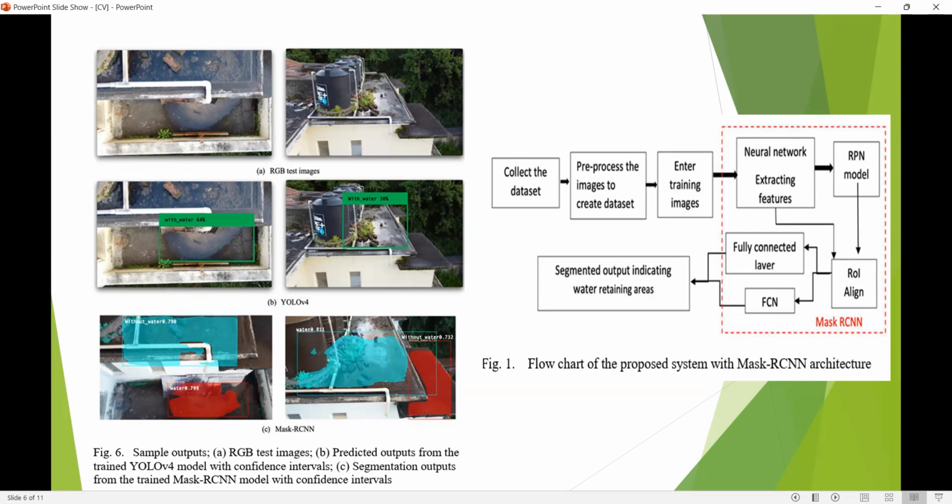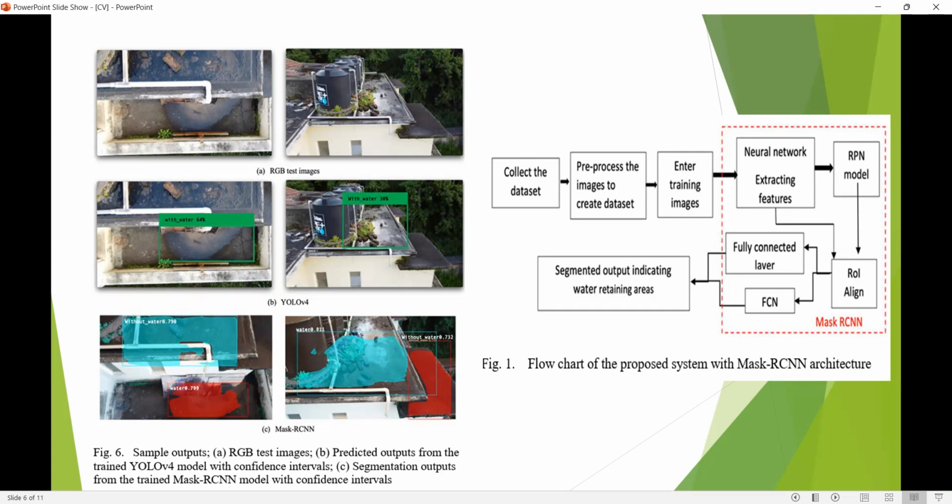Here we can see the architecture and the flow chart of the entire process of identification of the water pool region. Initially, we collect the data and pre-process the images to create a dataset, and then we give the training images to the neural network.